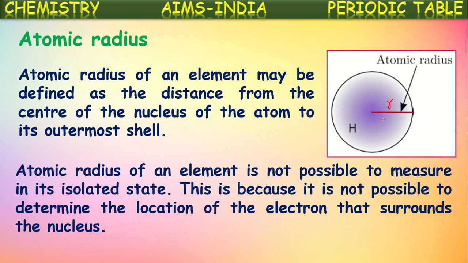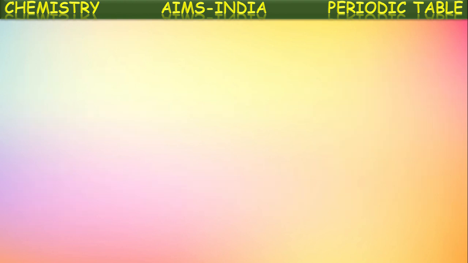We cannot identify where the orbit is exactly because there is no construction. It is just the path where the electron is revolving around the nucleus that we consider as an orbit. As we are not able to locate the electron exactly, we cannot say where the outermost orbit of an atom is, so we cannot estimate the atomic radius of an isolated atom.